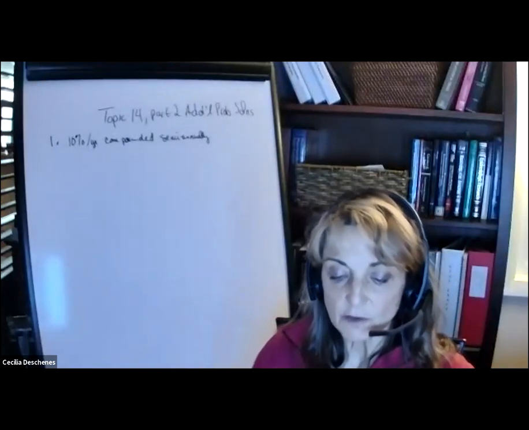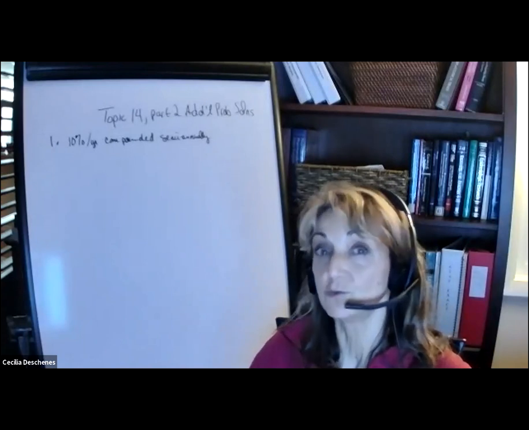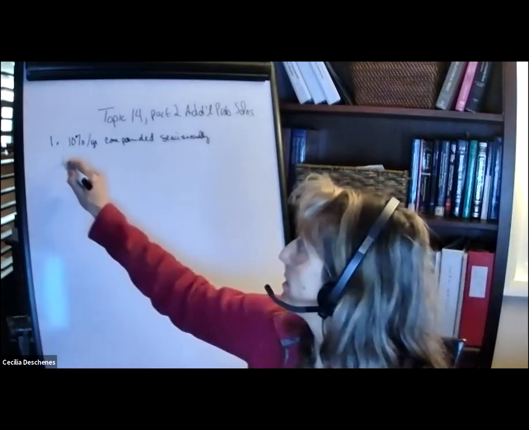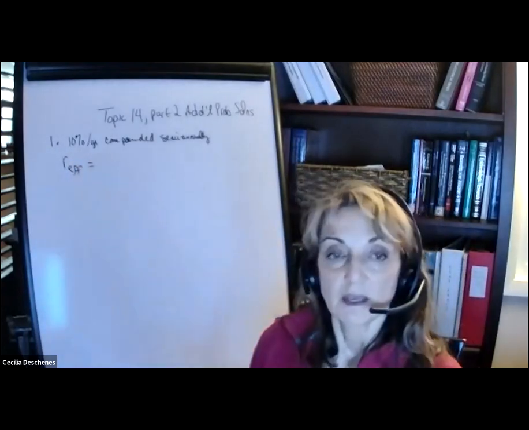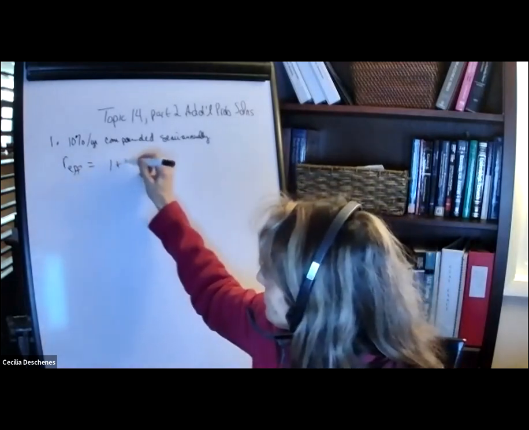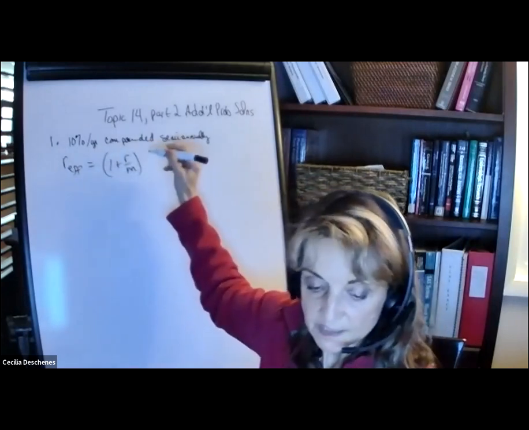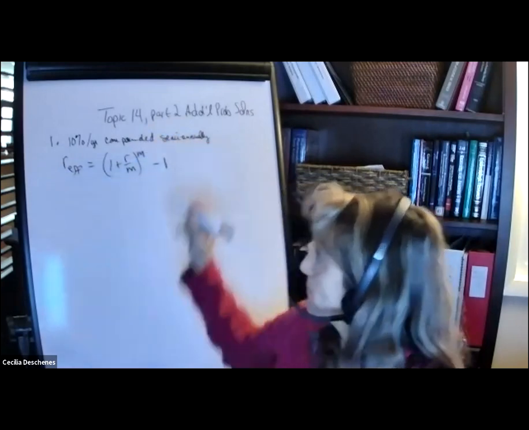This is going to be using that effective rate formula that was derived in the part 2 video. And this formula is given by the effective rate is 1 plus R over M, raised to the M, minus 1.